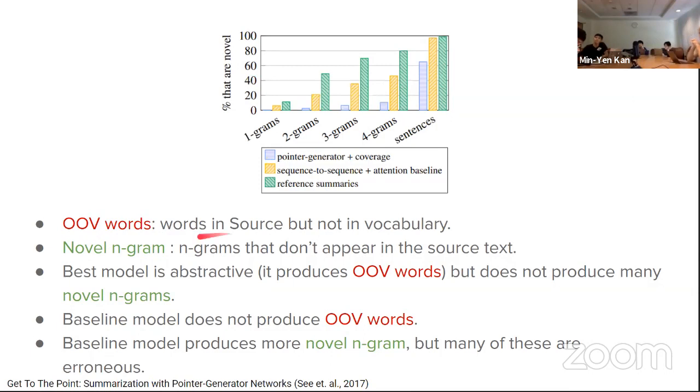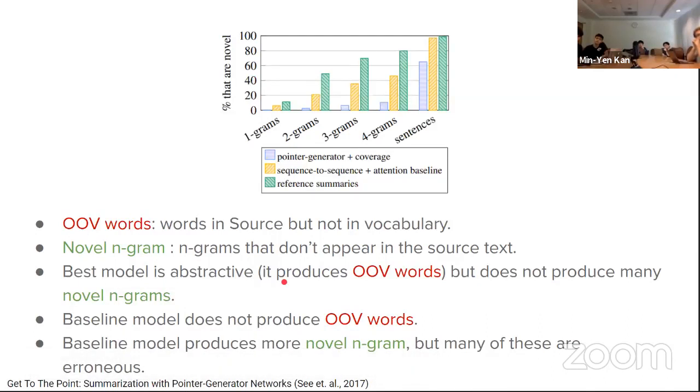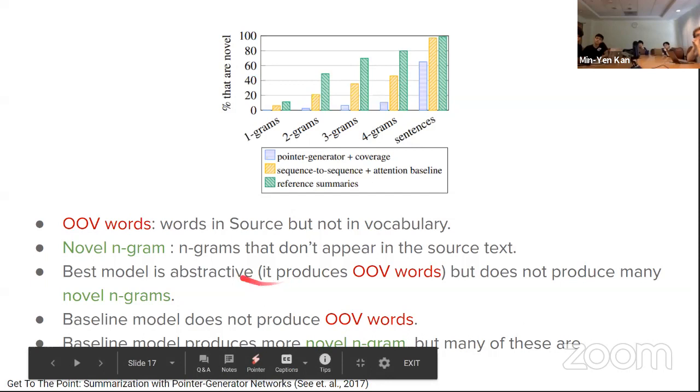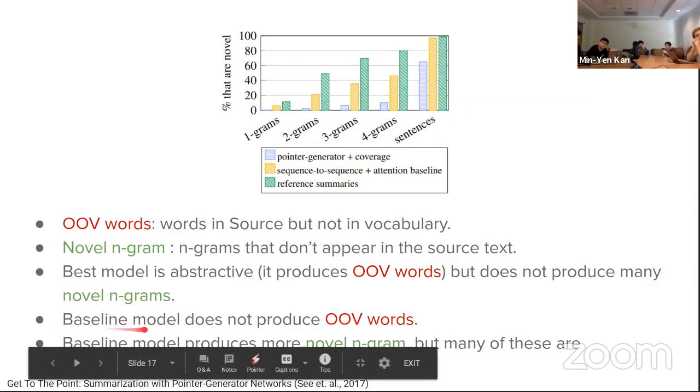Yeah, this sentence I took from the paper itself, but I was quite confused as well. I'm not sure if novel n-grams don't appear in the source sentence but get produced in the target sentence. So in the third point, it should be produces novel n-grams, not OOV words, right? Novel is abstractive, isn't it? The novel n-grams are actually also produced by the baseline itself.